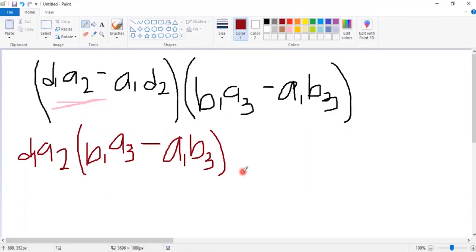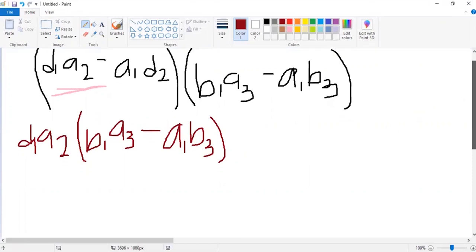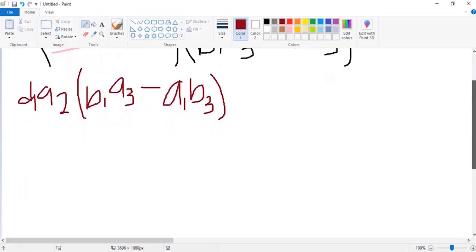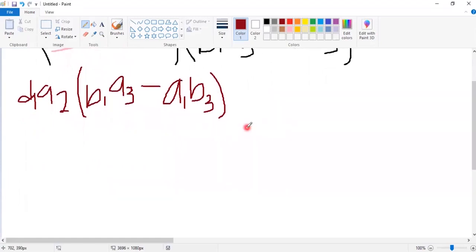So this is how it's going to be. And then we continue. So this is equal to this times this minus this times this. Let's go.